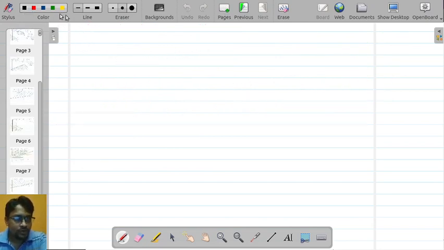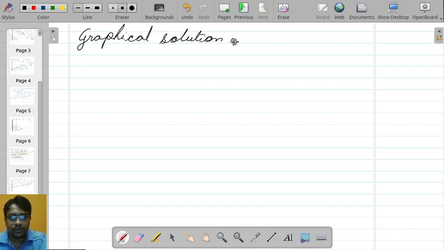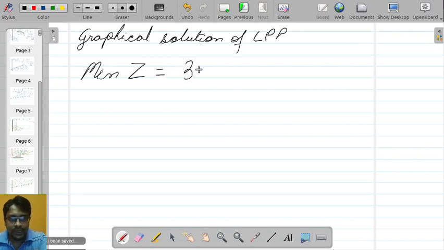So in order to solve an LPP graphically, we have this graphical method of solution, graphical solution of LPP. Okay, so say I consider some LPP like maximize z equal to 3x plus 7y.